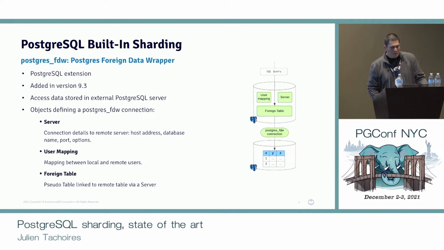User mapping is used to make the relationship between the user connected through the local session and the user that will be used to connect to the remote database server. And finally, the foreign table object is a pseudo table, not a real table, which is linked to the remote table.